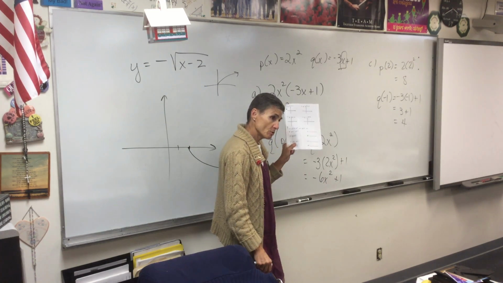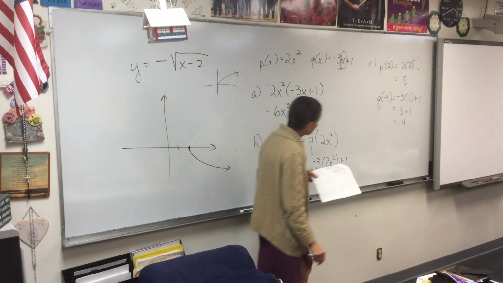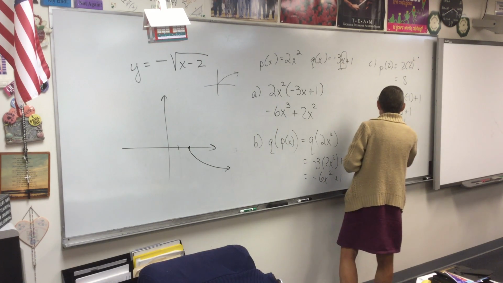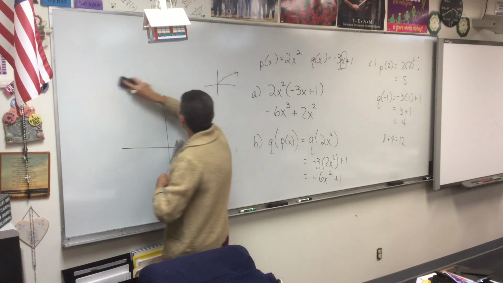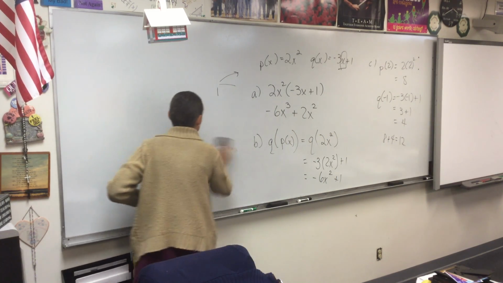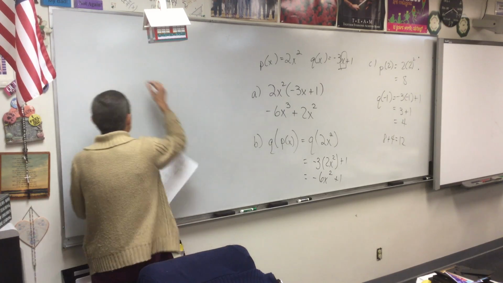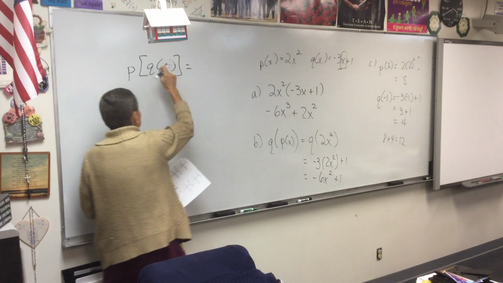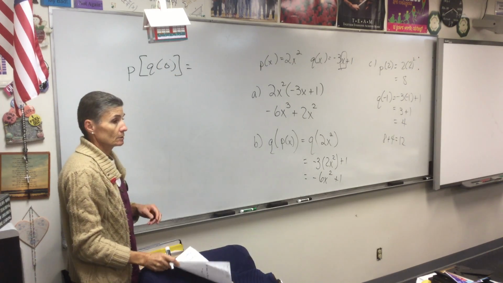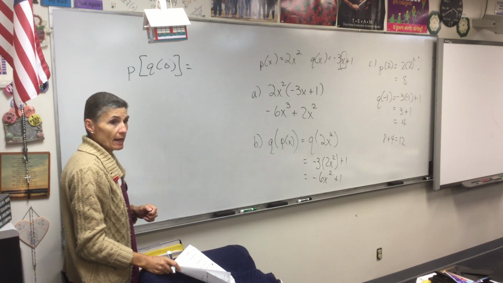And what am I supposed to do with those two numbers according to the problem? Add them. So the answer is 12. P of Q of 0. All right, how do I start there?